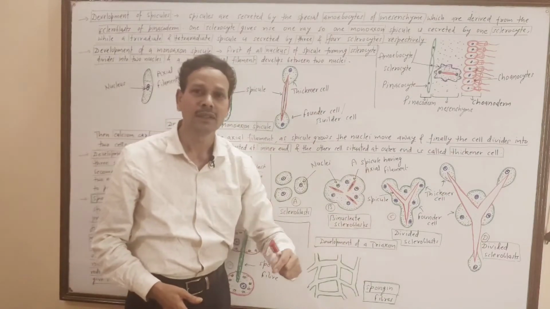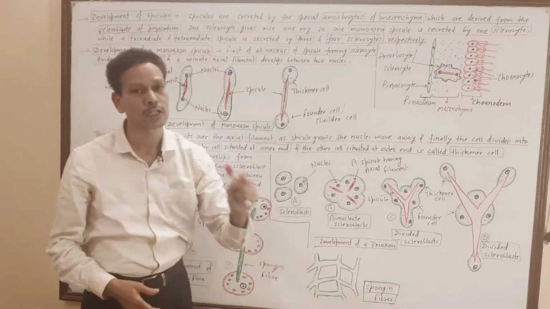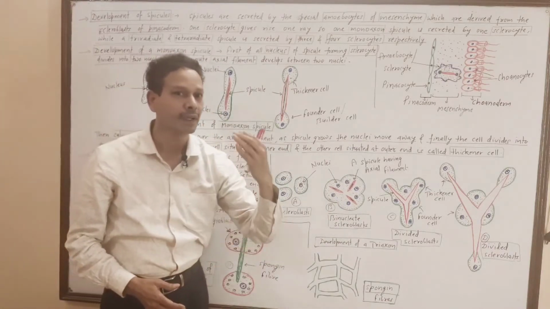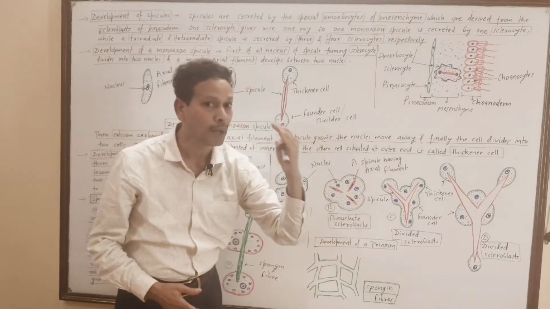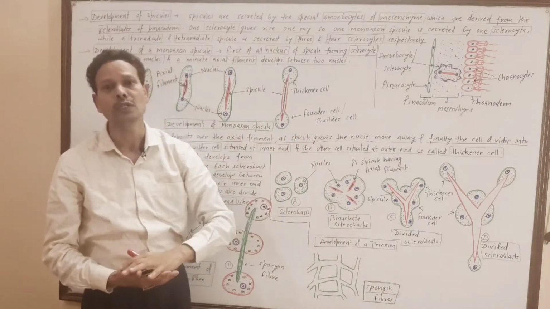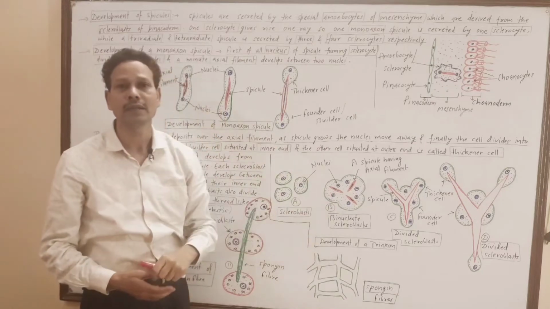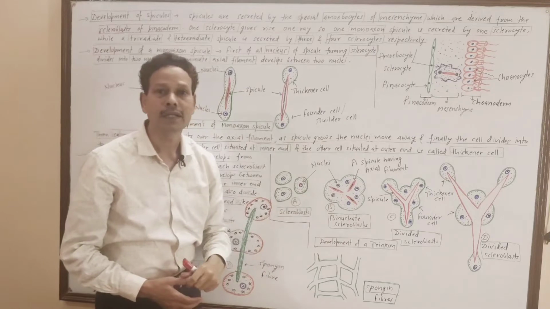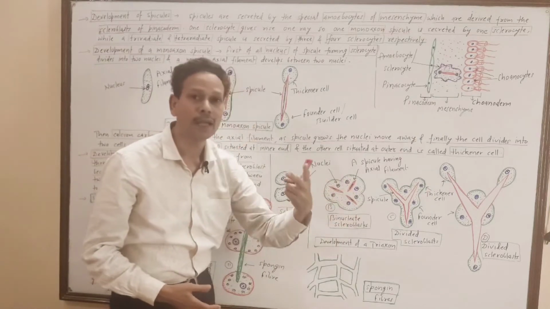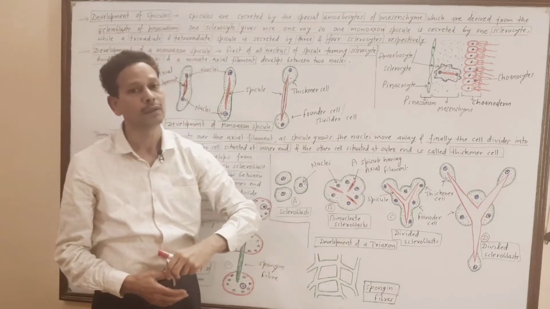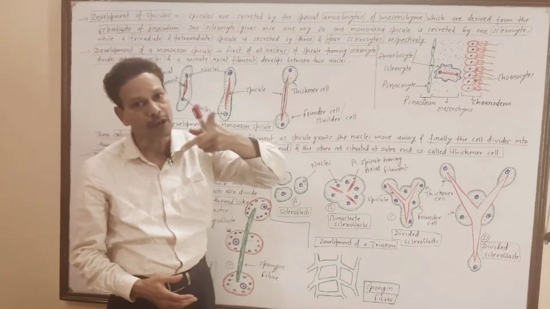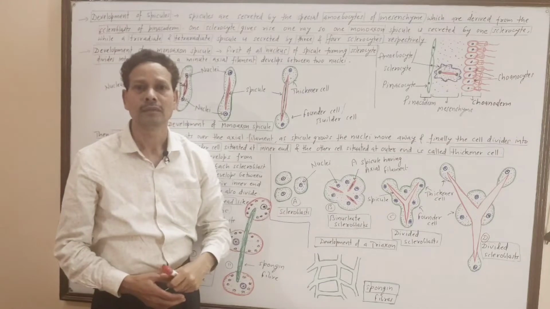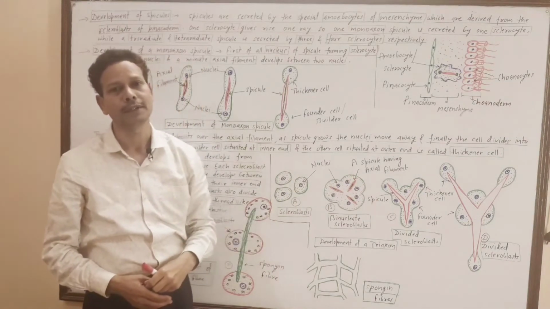Like that, in case of tetraxon spicule, four scleroblasts come close to each other and fuse partially, the nuclei divide, and between two nuclei again an axial filament is formed, surrounded by the deposition of calcium carbonate.